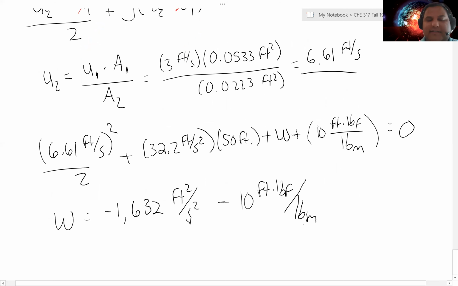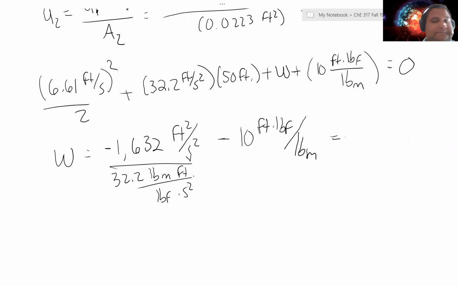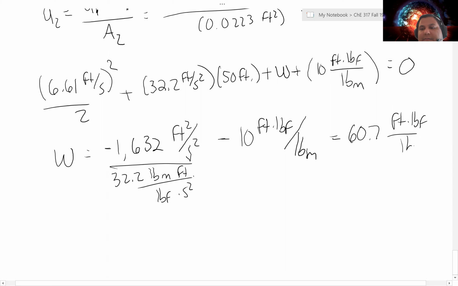Now these units don't match up, so what I need to do is divide this by G sub C, or 32.2 pound mass foot per pound force second squared, and then it will leave me with both values in terms of foot-pound force per pound. So if I do that division, I'm left with approximately 60.7 foot-pound force per pound for my work term.